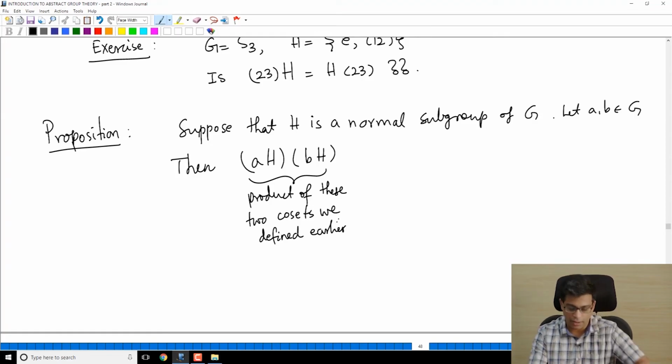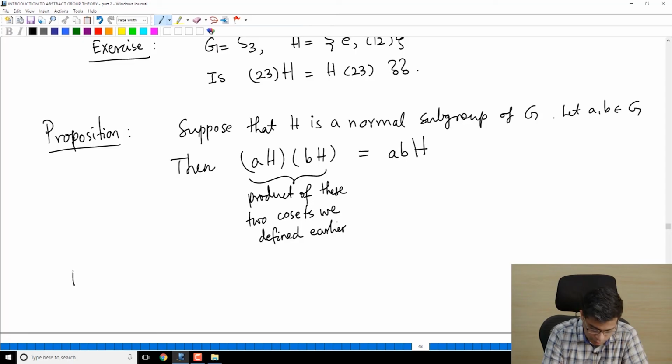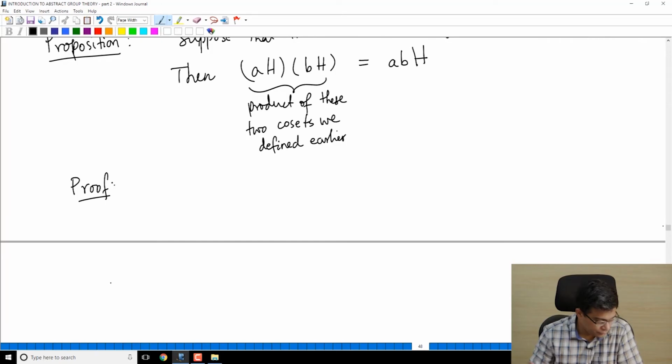Namely, you take something in AH times something in BH and multiply. You do this for every element of AH and every element of BH. And we saw in the example of S3 and H equal to E and (1 2) that the product is not a coset, but in this case it becomes a coset. It is the coset ABH. So if AH and BH are two cosets, their product is also a coset. Let's prove this. This is not difficult now.